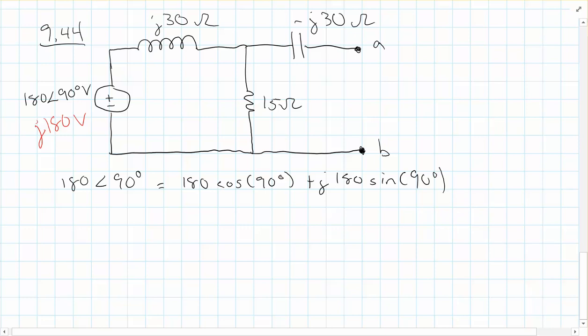That's my favorite equation, that Euler identity. That's where that's coming from. Of course, if you do that, you just wind up with j180. Especially if you get an angle sometimes of like 45 degrees or 60 degrees, you just use this formula and put whatever the angle is that you're given there.